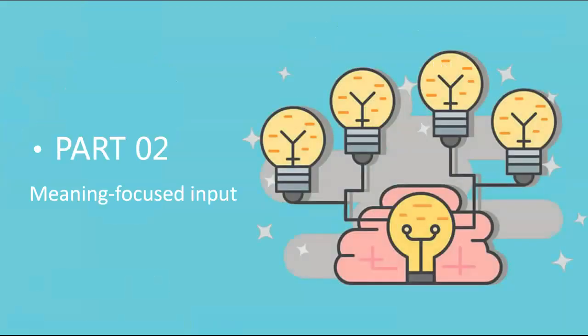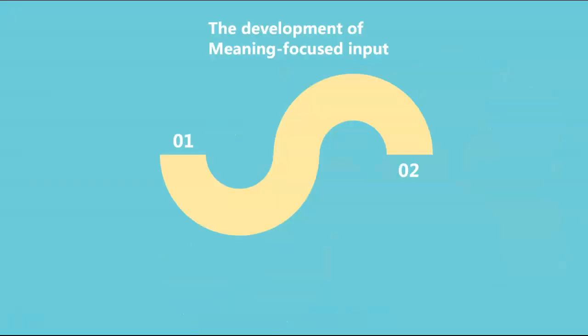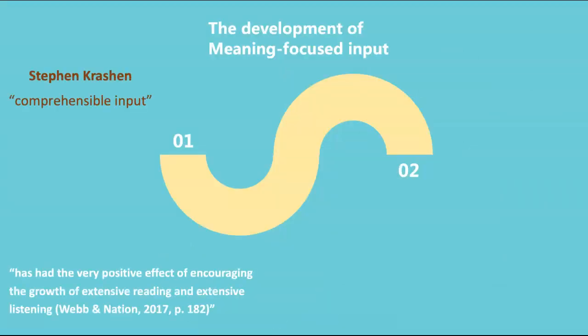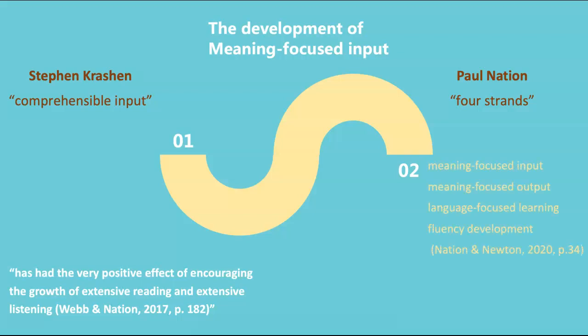Now let's move on to the second concept, meaning-focused input. The linguist and educational researcher Stephen Krashen put forward comprehensible input, and it has had the very positive effect of encouraging the growth of extensive listening, based on which Paul Nation included this important component in his 4 strengths, that is, meaning-focused input, meaning-focused output, language-focused learning, and fluency development.